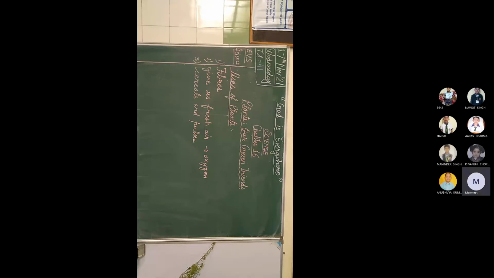Kidney beans is your rajma. Why are rajma called kidney beans? Can anyone tell me? Ma'am, because they look like a kidney. Very good. Its shape is just like a kidney.